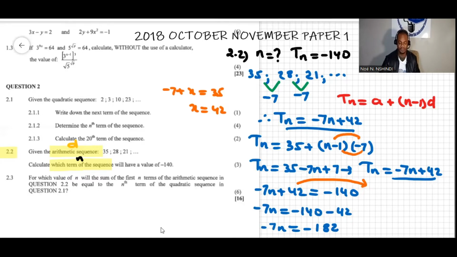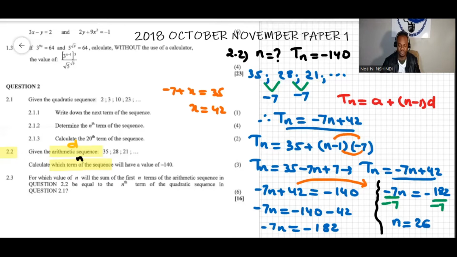Now, we divide both sides by negative 7. So I have negative 7n equals negative 182. If I divide by negative 7 here and negative 7 there, we have n equal to 26.